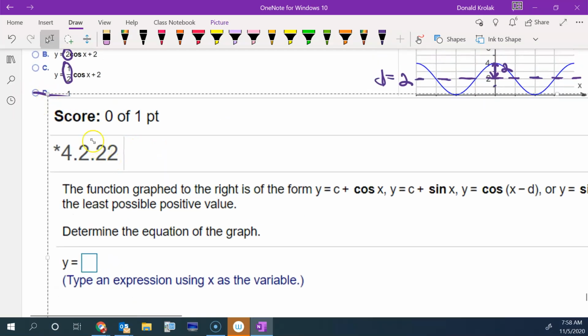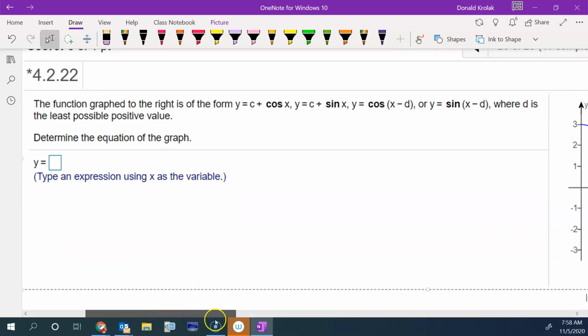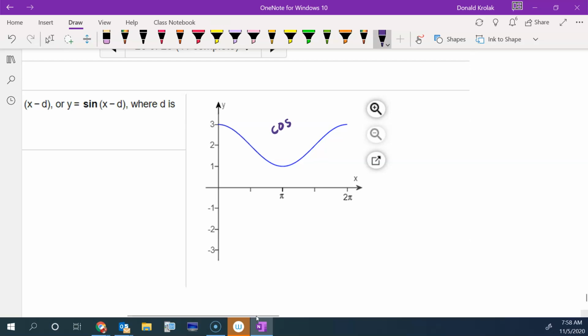What you have to decide is, how did this graph move? Did this graph move up or down, and is it a cosine or a sine? What do you think, Hector? This is a cosine. So a normal cosine looks like this. So it went up, yeah.